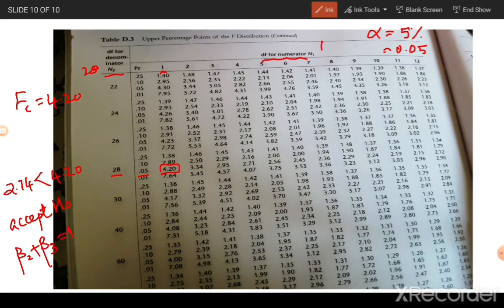Which means, although in this sample I am saying that beta 2 plus beta 3 is equal to 1.053 or greater than 1, statistically it is not much different from 1, and that means that the Indian manufacturing sector does exhibit constant returns to scale.